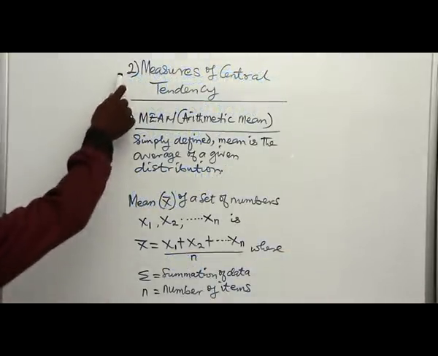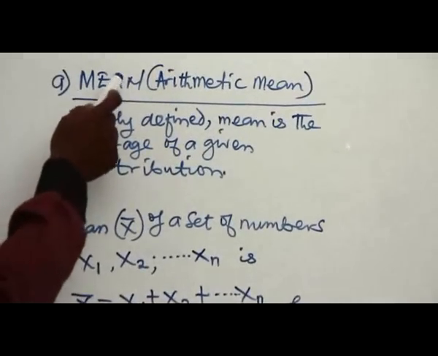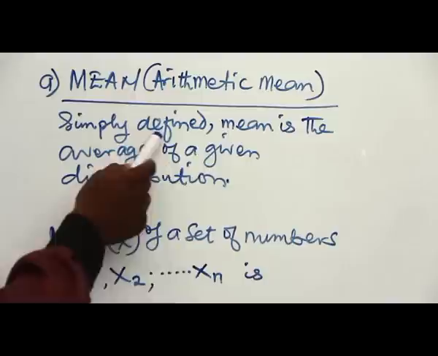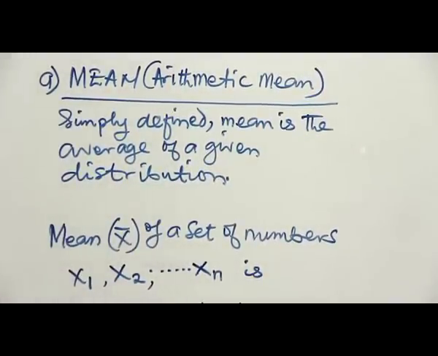Two, measures of central tendency. A, mean. The mean we are talking about here is the arithmetic mean. Simply defined, the mean is the average of a given distribution.